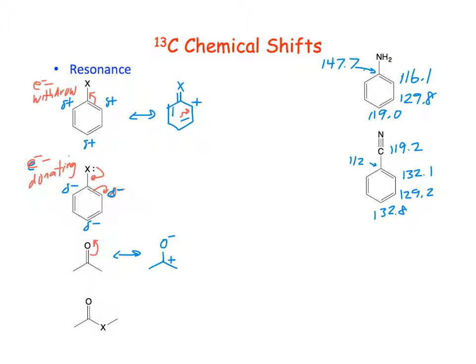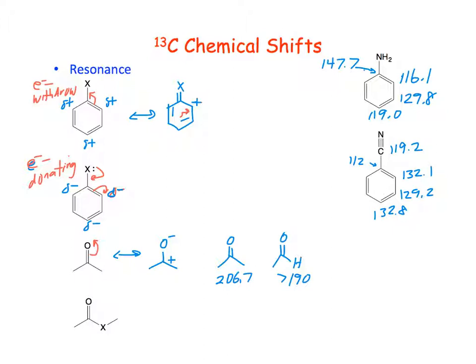All right, so if we look at a ketone or an aldehyde like this, we have this resonance and we don't have anything to offset it, so the ketone is at 206.7, the aldehyde is somewhere greater than 190.